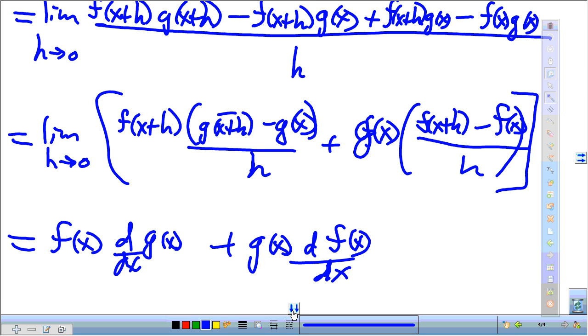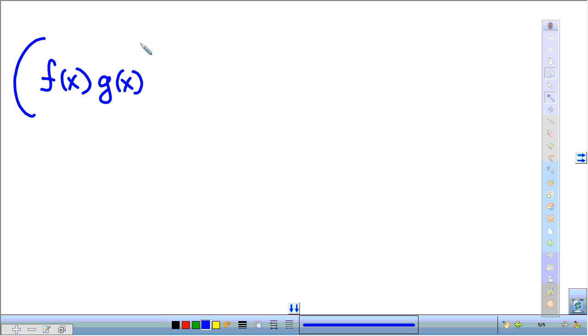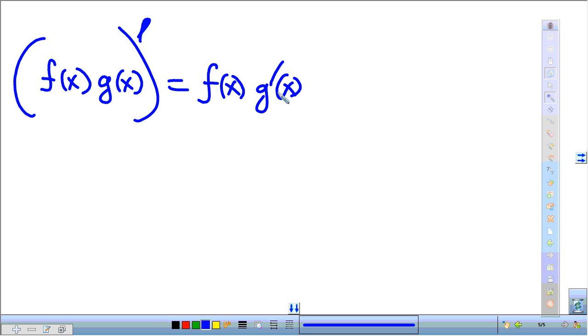So now we have this product rule. So we started with the derivative of the product. We ended up with this expression. So derivative of the product of two expressions turned out to be, well, we do get a derivative of an expression, but only one of them.